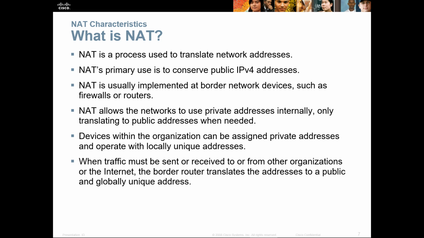NAT allows the network to use private addresses internally while using a few or a single public address to get on the internet. So there are some NAT characteristics that are kind of important.